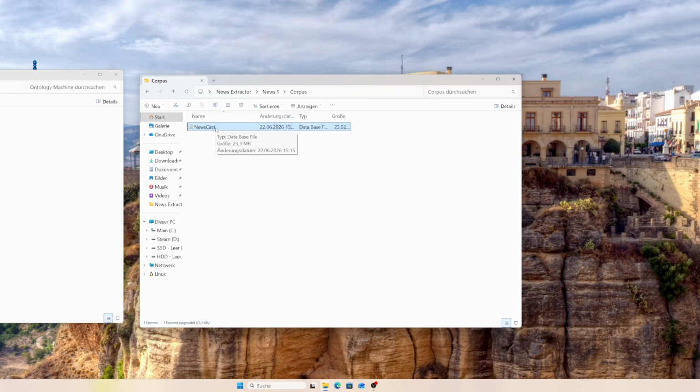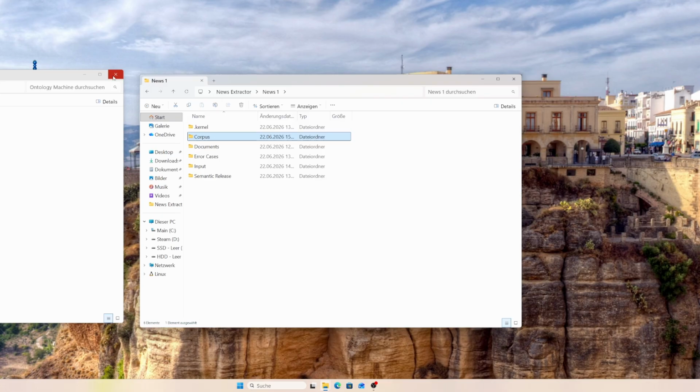You can take that without needing any of this and put it into everything you want. You can use your own AI agent to read this. You can use normal SQL tools to read it. This is a completely self-contained database that you can carry with you and use wherever you want.